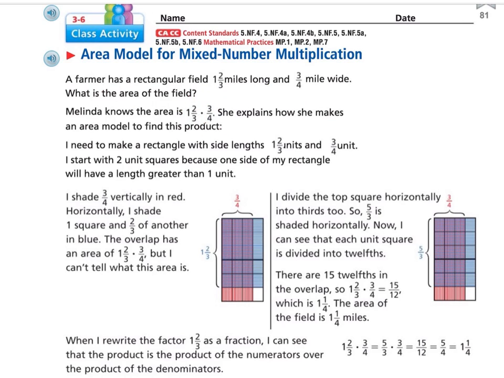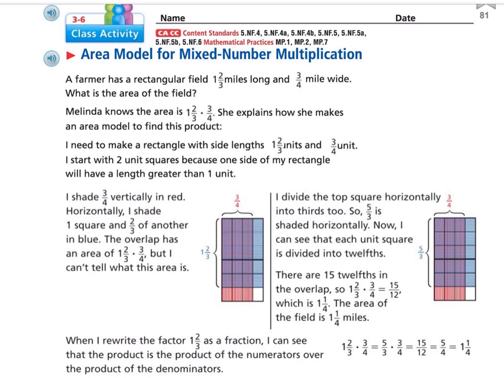So she's going to explain to us, and this is all written out here, and I'll explain it with you, how she makes an area model to find this product. She needs to make a rectangle with the side lengths 1 2/3 units and 3/4 units. So what she did, as you can see here, she first split the rectangle vertically in red.